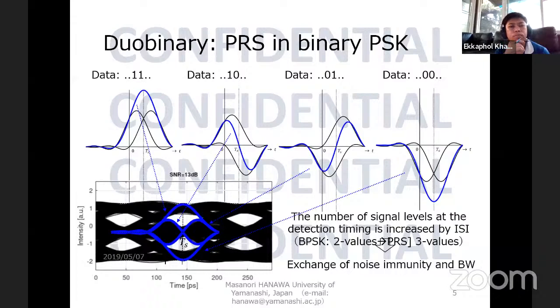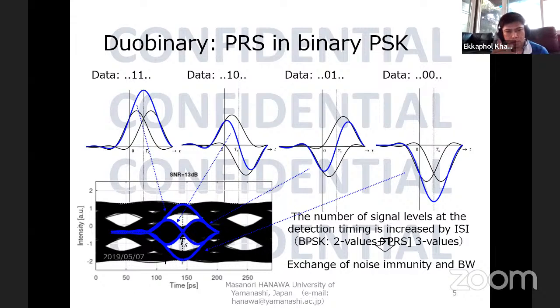Instead, we have to use more power, because we need to send and receive this 3-leveled transmission signal.